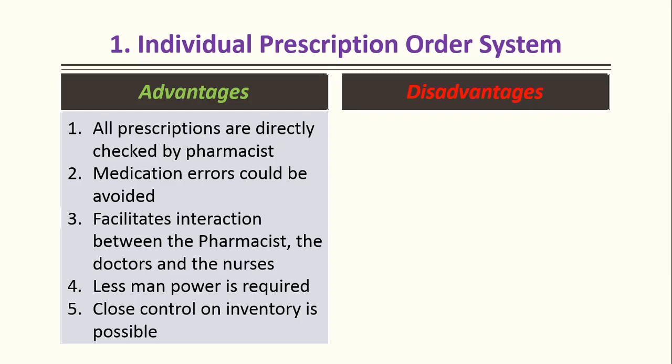This method facilitates interaction between the pharmacist, the doctor and the nurses, as well as the patient. This method also requires less manpower, and it helps to control the inventory. So these are some advantages of the individual prescription order system.